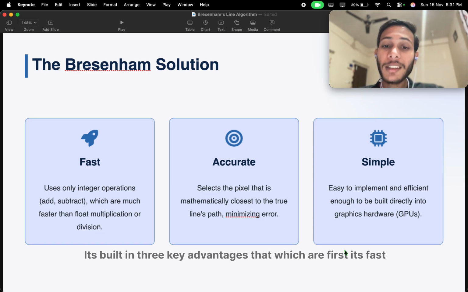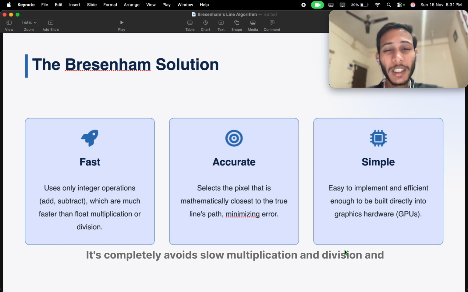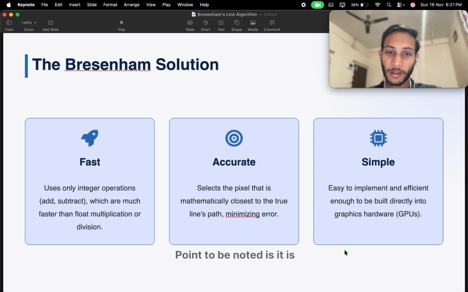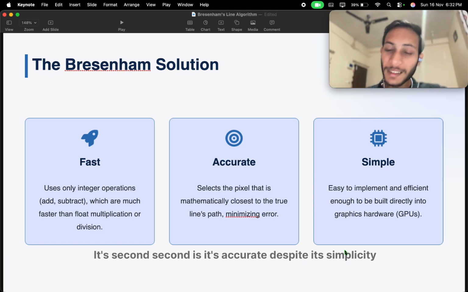It's built on three key advantages. First, it's fast. It completely avoids slow multiplication and division and uses fast integer operations like addition and subtraction. Point to be noted is it is integer, not floating point. Second, it's accurate.